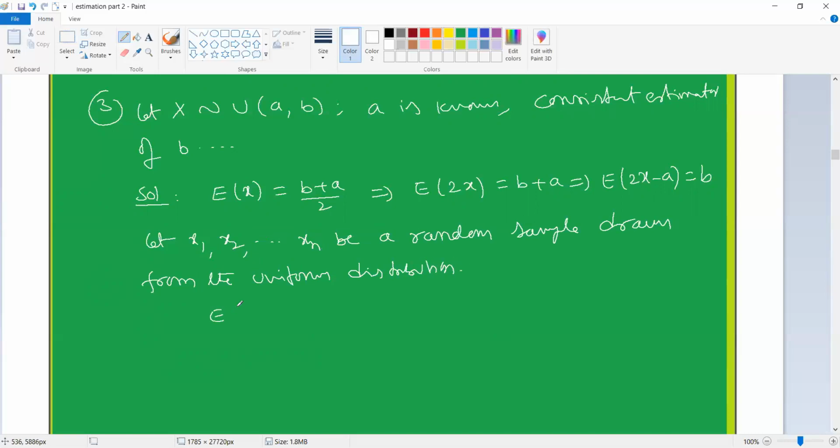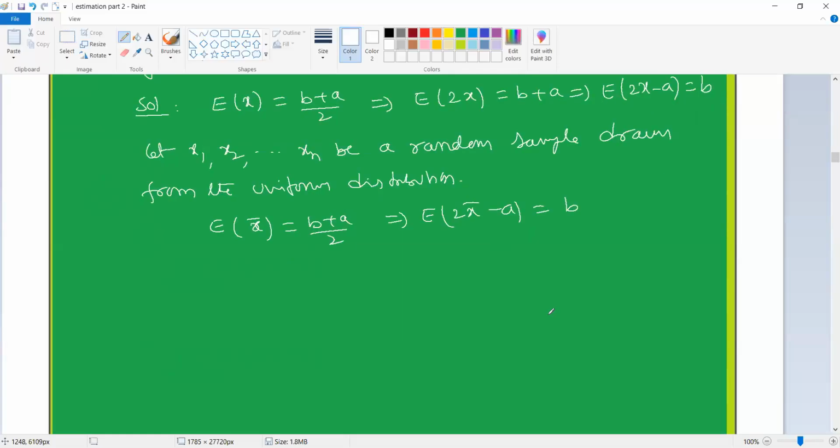Now identify the function of sample observations, that is called x bar. X bar expectation is equal to B plus A by 2. So now expectation of 2x bar minus A is equal to B. 2x bar minus A is an unbiased estimator of B.